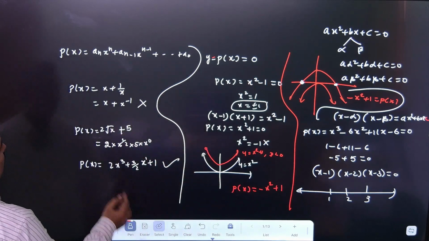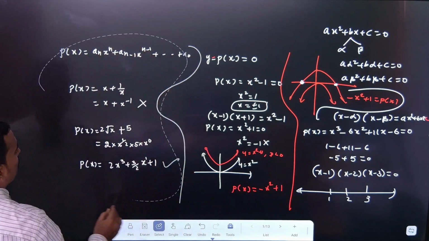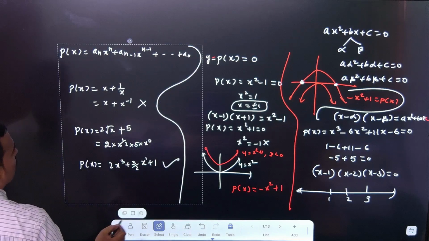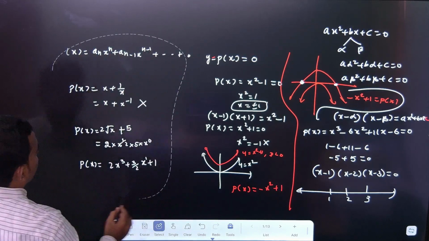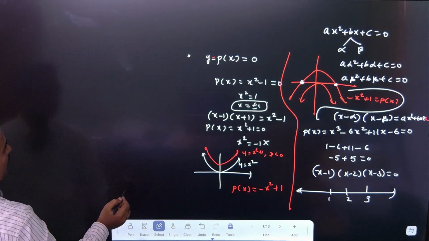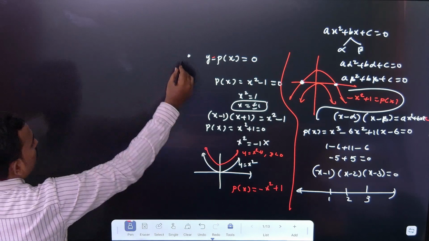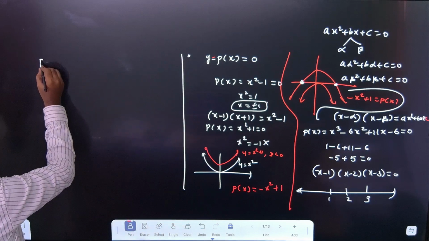Let me remove this one. Okay. Let me take this portion here. Okay. So what is the remainder theorem here?